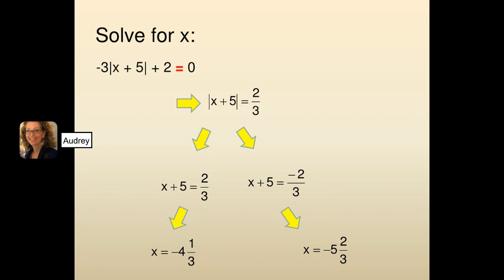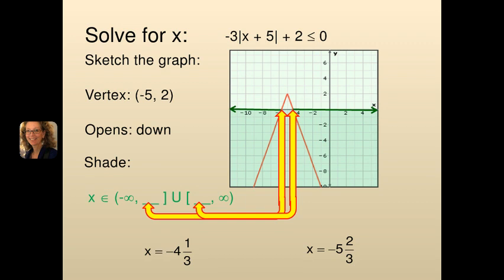So now that we've got the two zeros, they go into the intervals. Make sure you put them in the right one though. The more negative one is going to go in the leftmost interval, and the less negative one is going to go in the other one. So there you go, there's your solution set.